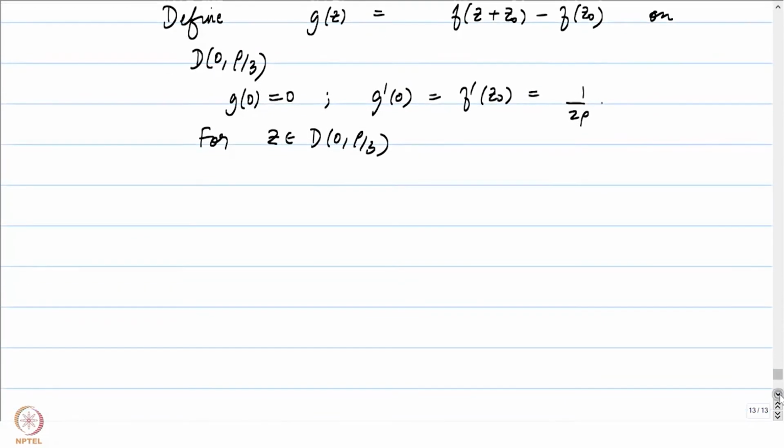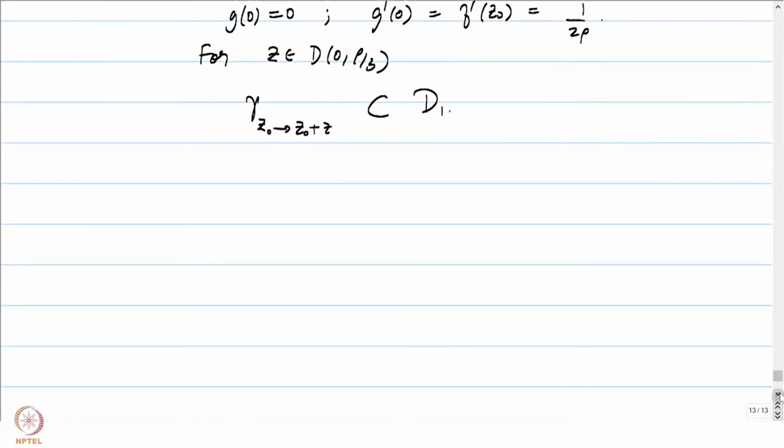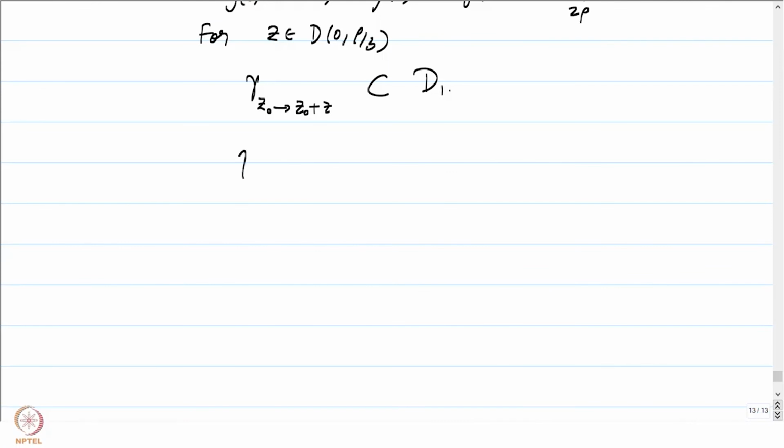The first observation would be that the curve gamma from z0 to z0 plus z is sitting inside d1. Then by the fundamental theorem of calculus, f of z plus z naught minus f of z naught is going to be equal to the integral of f prime of z over this curve, dz.